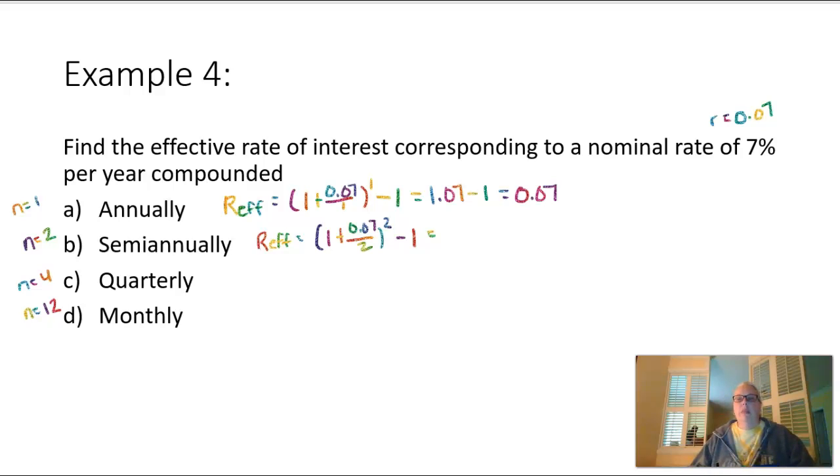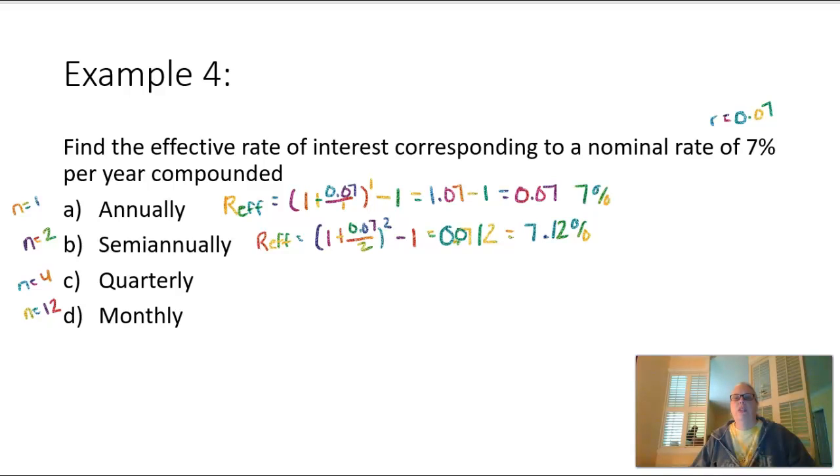And this is giving me 0.712. So 0.712, which is about 7.12%. And this one was at 7%.